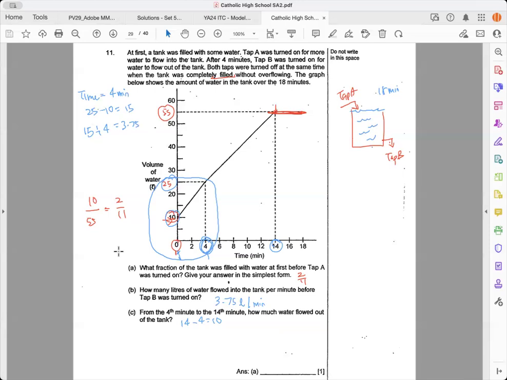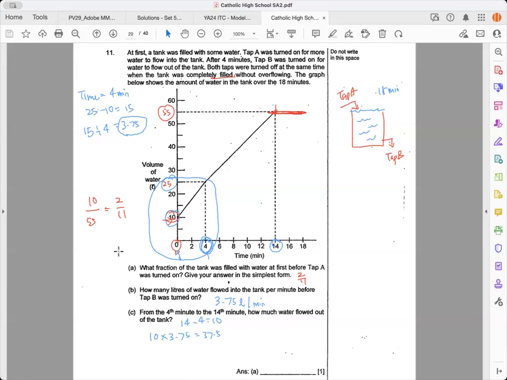In that 10 minutes, how much water flowed into the tank from tap A? We calculated earlier that every minute, tap A flows in 3.75 liters. For 10 minutes, that is 3.75 liters multiplied by 10, which is 37.5 liters of water going into the tank from tap A.